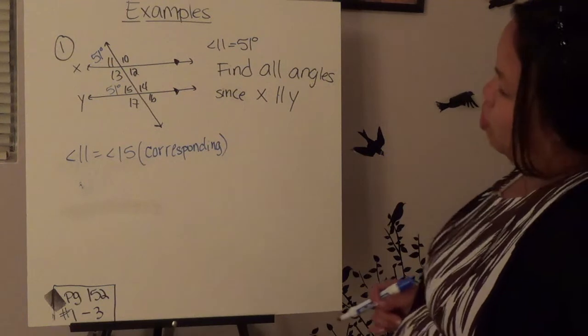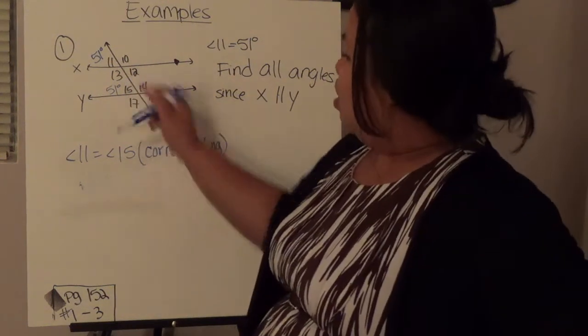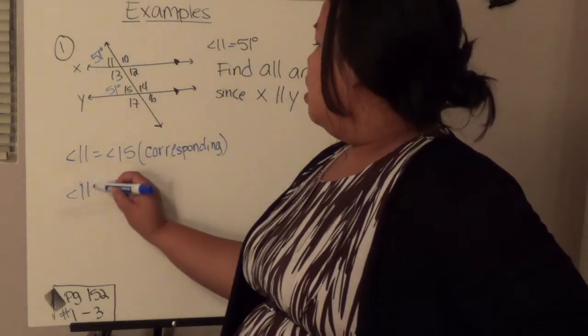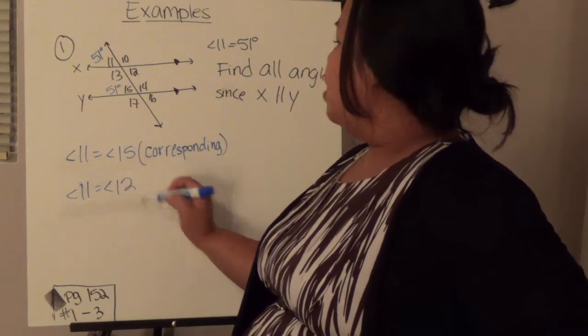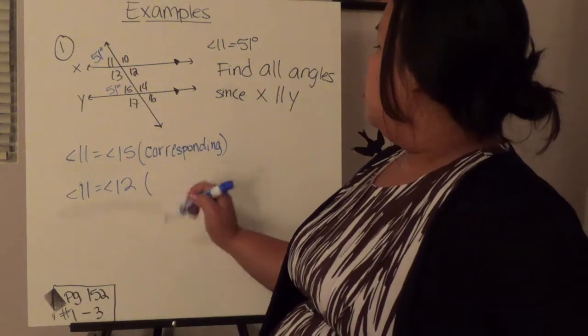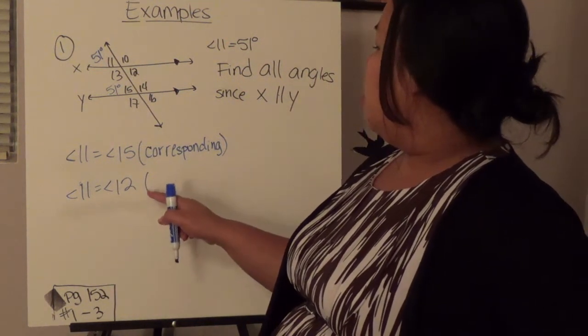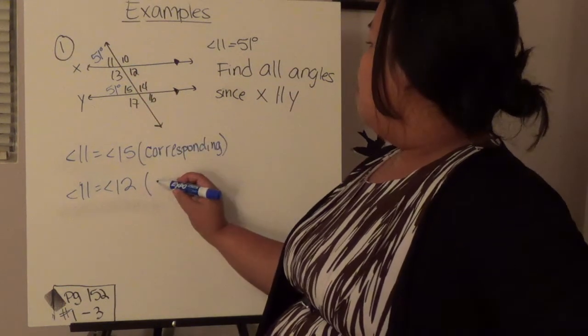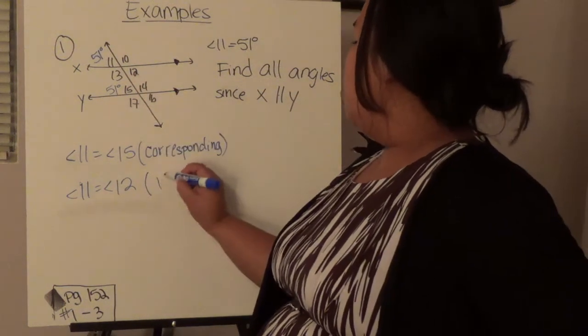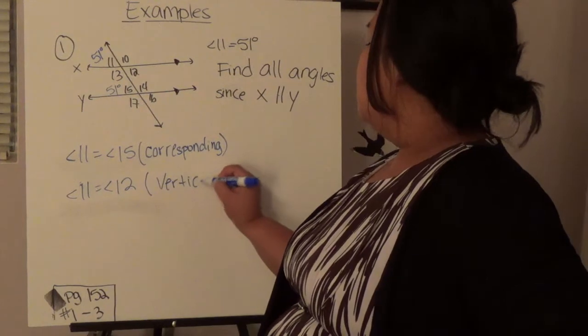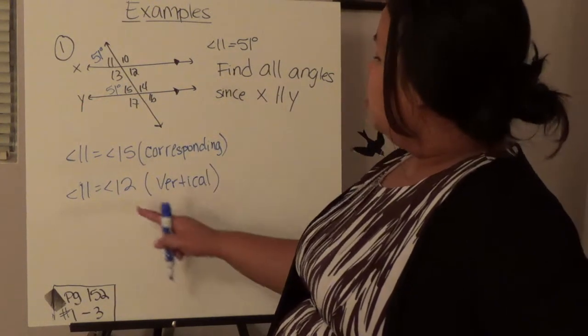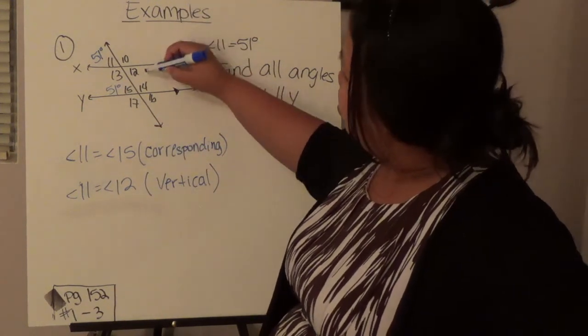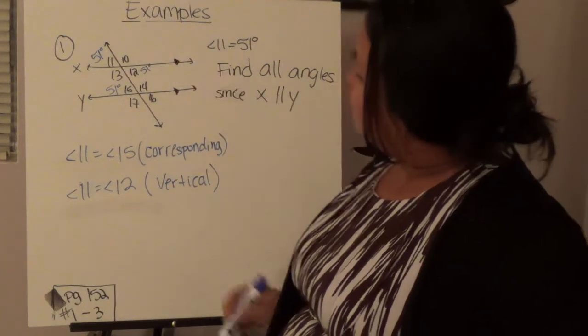And then we know that angle 11 equals angle 12 because of what? Well, because they are vertical angles. Okay? So that means if angle 11 is 51, angle 12 is also 51 degrees.